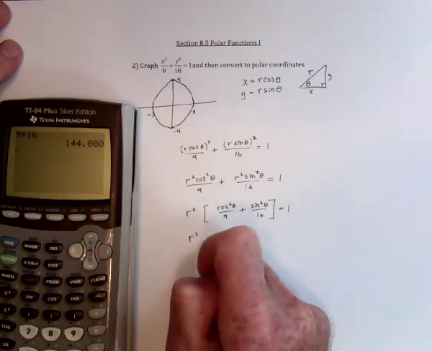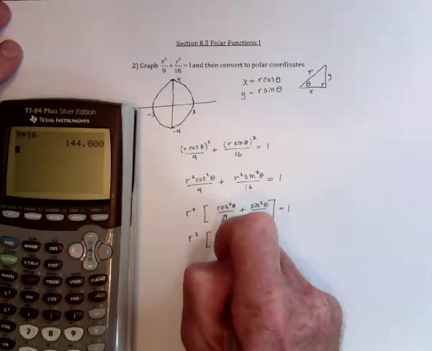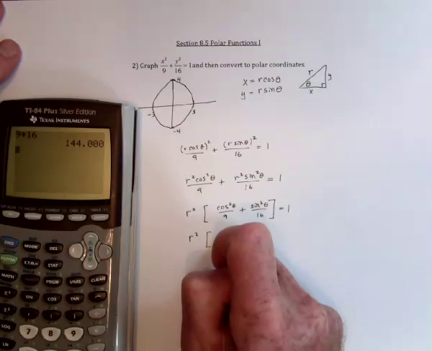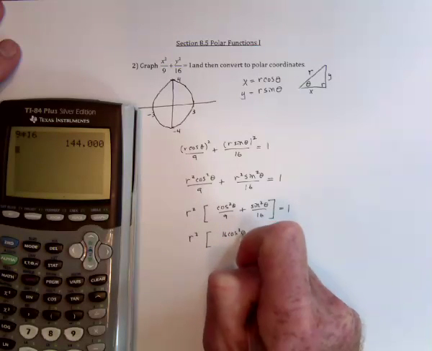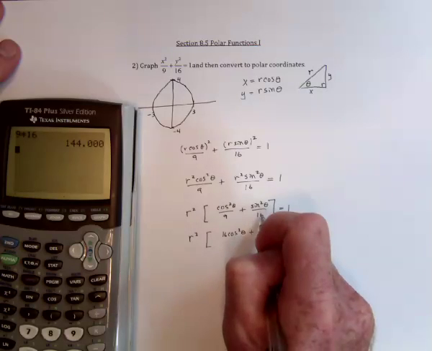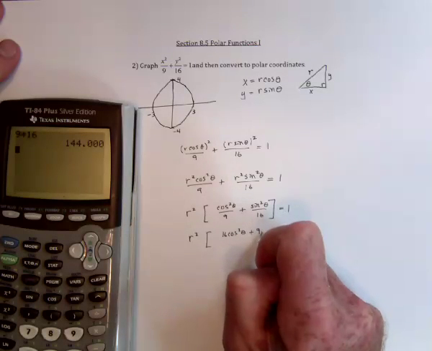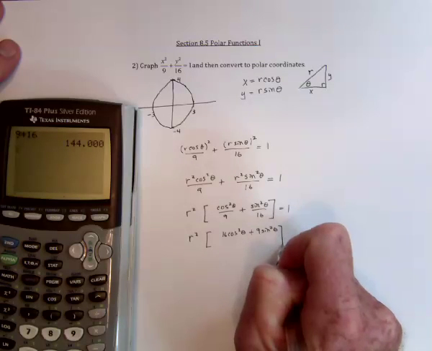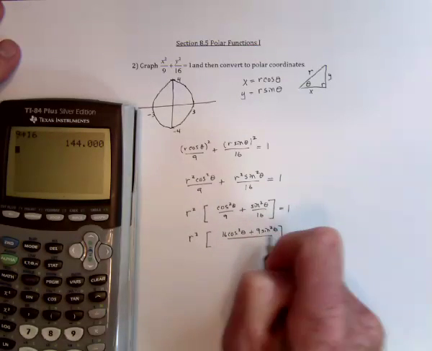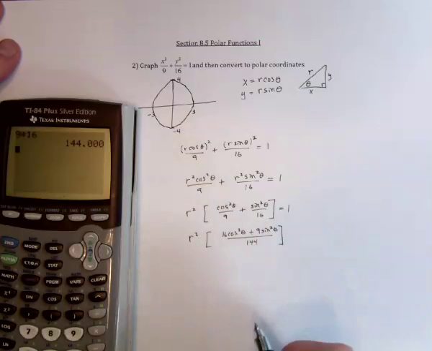So r squared is going to be multiplied with, so this multiplied the top and the bottom by a 16, so that's going to be 16 cosine squared. With this one, multiply top and bottom by a 9, so that's going to be 9 sine squared. And then it's over a common denominator of 144.